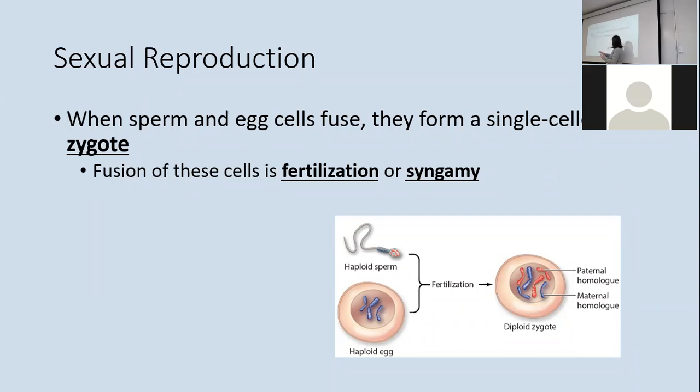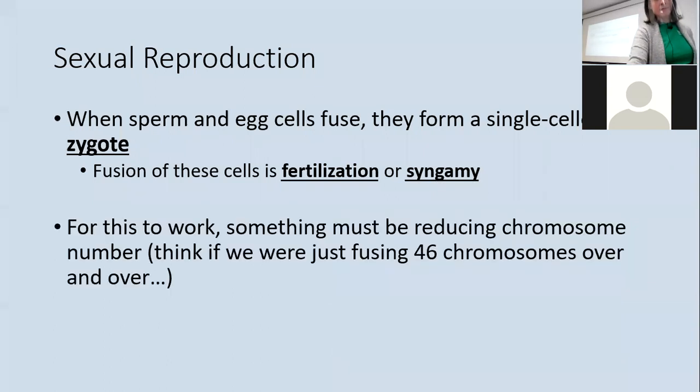We'll walk through all of this. But your haploid sperm and your haploid egg are each only carrying half a set of DNA. So when they fuse together, the resultant diploid cell has two copies of everything: a copy of everything from the mother and a copy of everything from the father. Now, for this to work, something has to be reducing chromosome number. Because each of your somatic cells has 46 chromosomes in the nucleus.